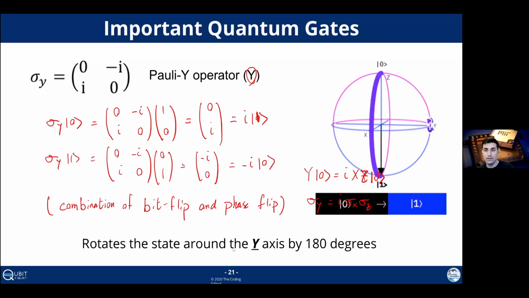Now, I can rotate by any arbitrary angle theta around any axis that I want, x, y, or z. So here, a rotation around the x-axis by an angle theta can be shown as this unitary operation: e to the I theta divided by 2 sigma x. I say that this is unitary because sigma x, sigma y, and sigma z are all Hermitian, if you remember.